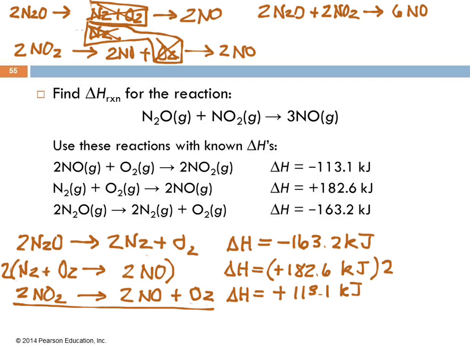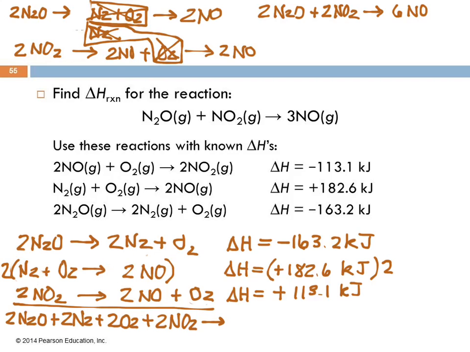So when I add all these things up, I've got 2 N2Os. Let's just do it the long way. 2 N2Os. And I've got 2 N2s. And I've got 2 O2s. And I've got 2 NO2s. That's an awful lot of 2's and N's and O's, right? So what I've done here is I've taken everything to the left of the arrow and I wrote it down.